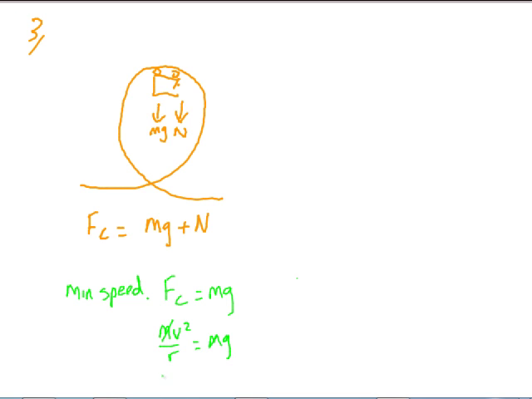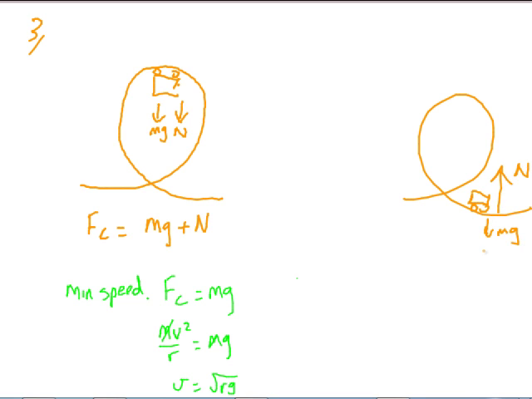Cancelling that out, you're going to rearrange to v equals square root of rg. Same equation, different scenario, gives us minimum speed in this instance, maximum speed over the top of the hill. Okay, and then the other situation at the bottom of this roller coaster, still on our circular path, of course, kind of not really drawn that very well. Got normal reaction force up, got mg down, so your centripetal force is N minus mg.